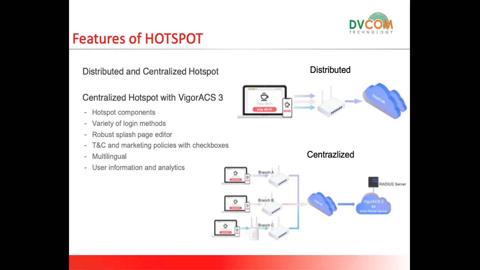You can create multiple login methods, create your own splash page, and define your terms and conditions and your marketing policies. Ultimately, it supports multi-language and user information and analytics. You can get complete information like how many users are connected and through which device they are connecting. Then you can see the complete information using this centralized dashboard.